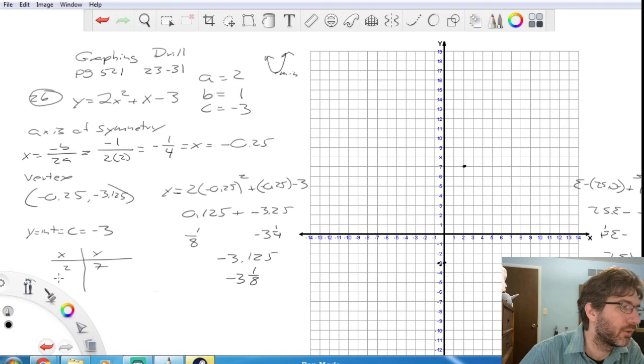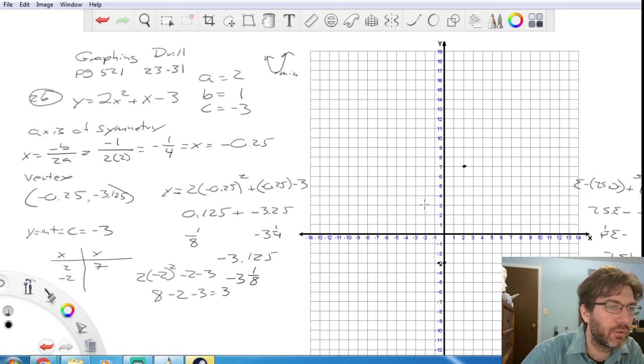Replug it in. Negative 2, so let's do 2 times negative 2 squared minus 2 minus 3. That still gives you 4, this still gives you 8. Negative 2 minus 3 equals a positive 3. So negative 2, you're at 3.